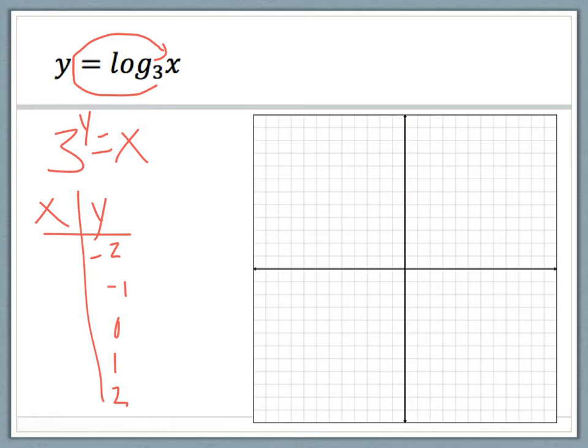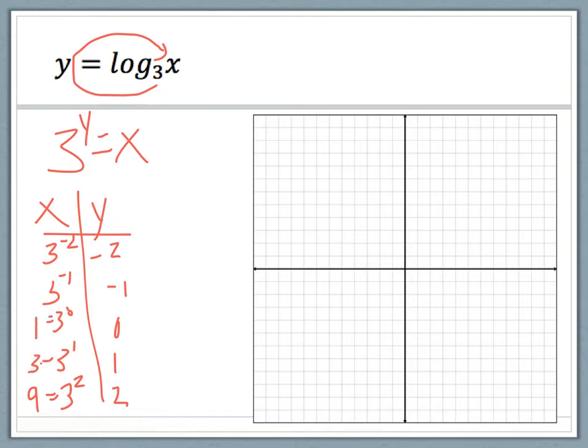So for our x, this is just 3 squared, 3 to the first, 3 to the 0, 3 to the -1, or 3 to the -2. Now, 3 squared is 9. 3 to the first is 3. 3 to the 0 is 1.